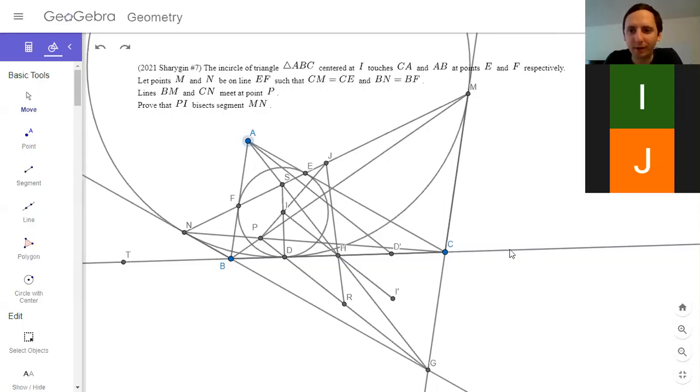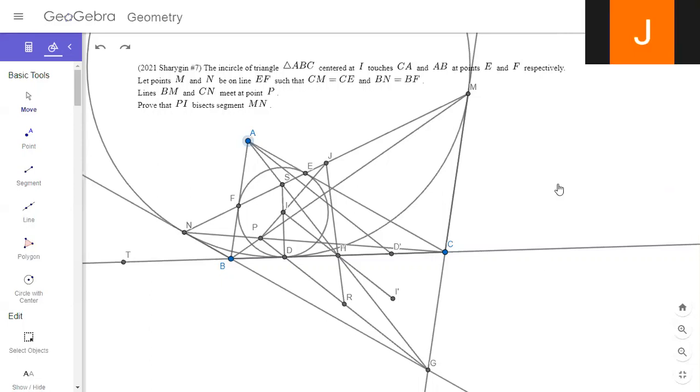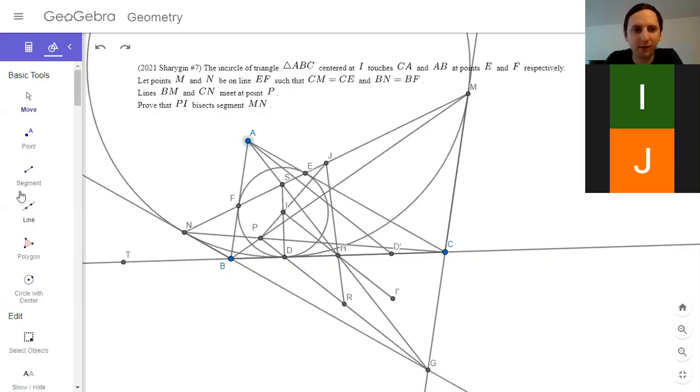All right. So really nice. So PI bisects MN. So I guess if we drew the excenter, we kind of want to show G, J, and the excenter are collinear.